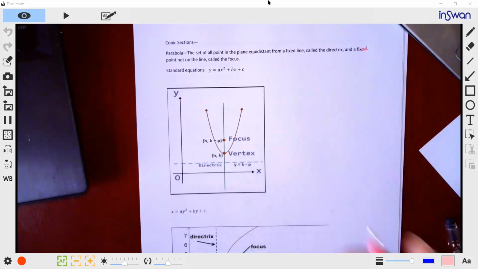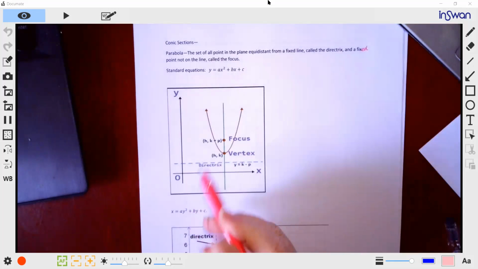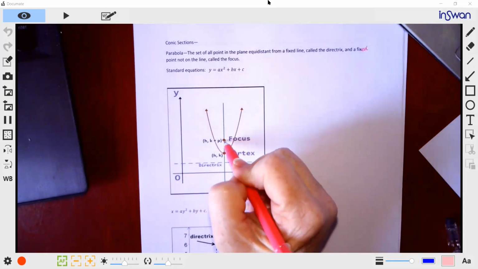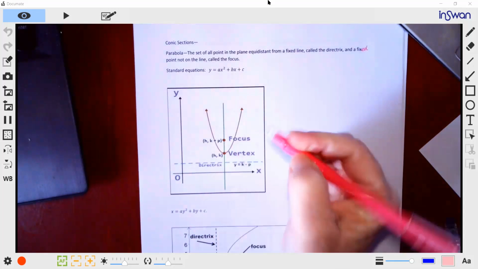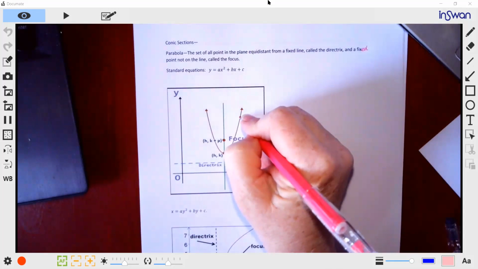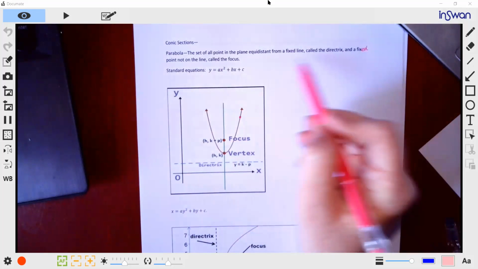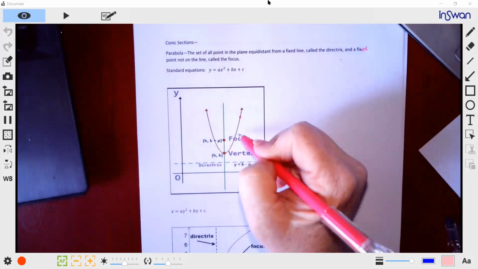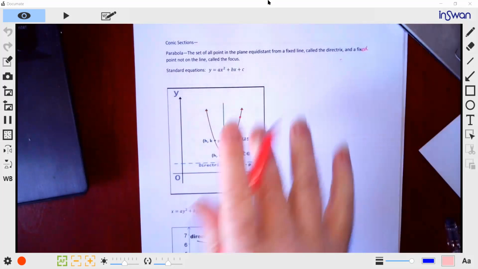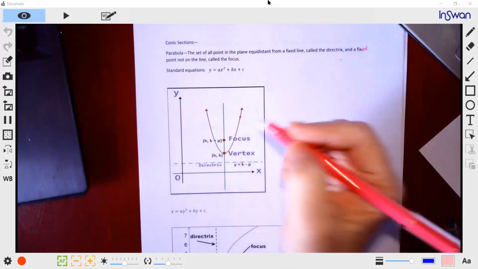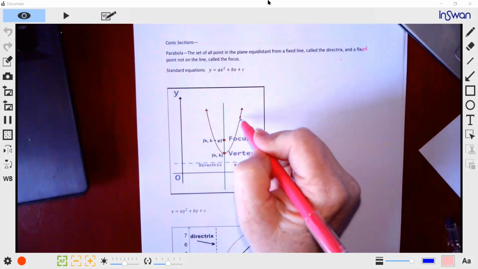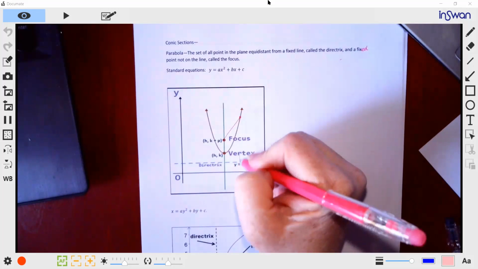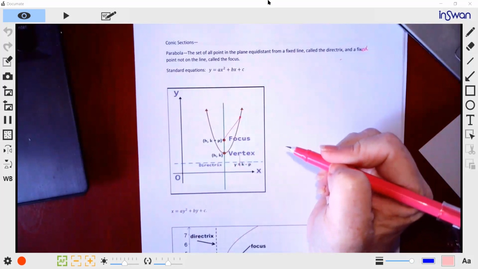So if you start out with a fixed line called the directrix and a fixed point called the focus, then every point on a parabola will be equidistant from that point and the directrix. Now, this particular one, I think it's a little bit skewed because of the viewing window, but that's just going to tell you that every point, the distance to the focus and the distance to the directrix will be the same. Okay.